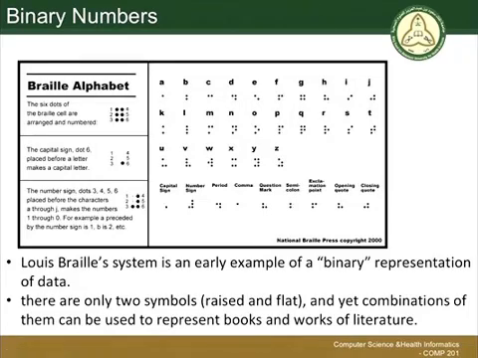The blind person cannot see, so he or she uses her hand to touch these symbols, and based on whether it's raised or flat, they can know the difference. So Braille alphabet uses a combination of these raised and flat symbols to make the alphabet of Braille, which is the language for the blind.